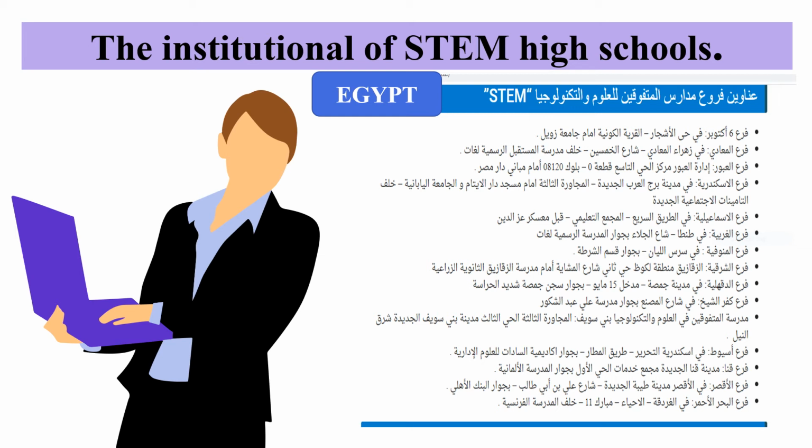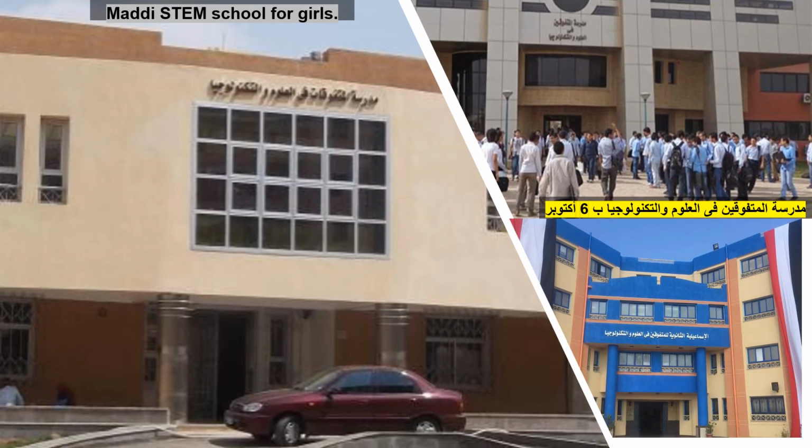This preparation before application is very crucial and important. We have some examples of these high schools: Maadi STEM School for Girls, Ismailia high school of STEM education, and 6 of October high school for science and technology.